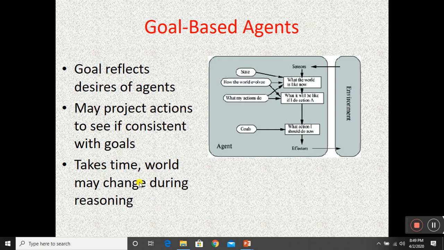There is a possibility that if a sensor is sensing the smoke and suddenly the smoke stops, so the environment has changed. So in this goal-based agent, we have what the world looks like now, what it will be like if I do action.